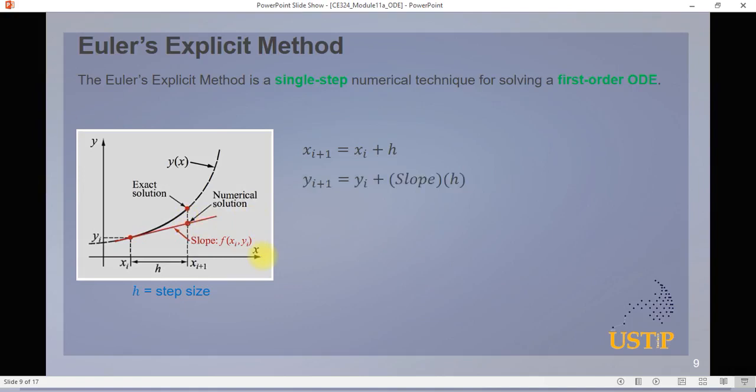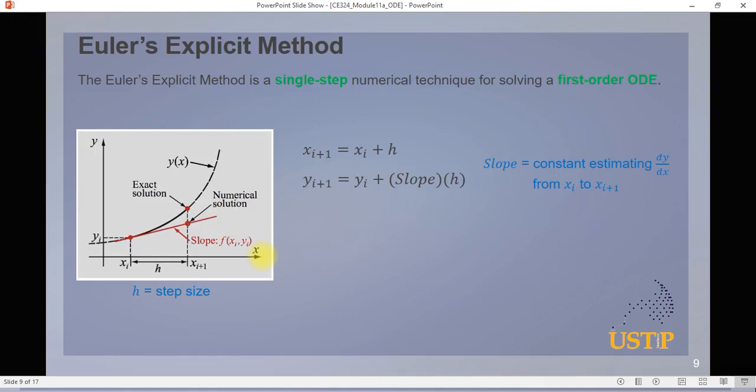So here are the equations that you can extract from this illustration. We have x sub i plus 1 equal to x sub i plus h, and y sub i plus 1 equal to y sub i plus the slope multiplied by h. The slope is a constant estimating dy over dx from x sub i to x sub i plus 1.